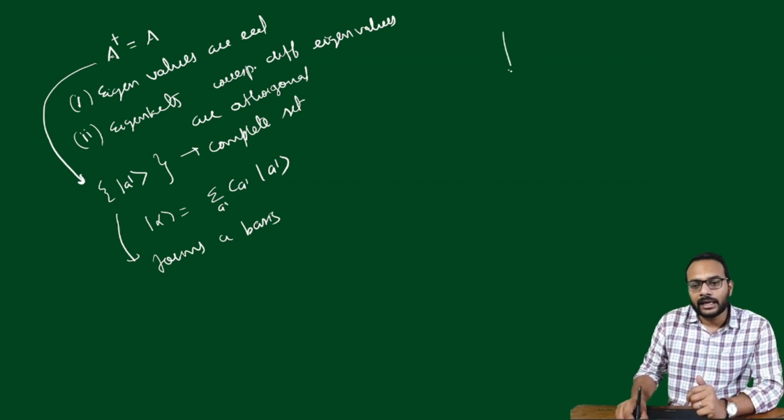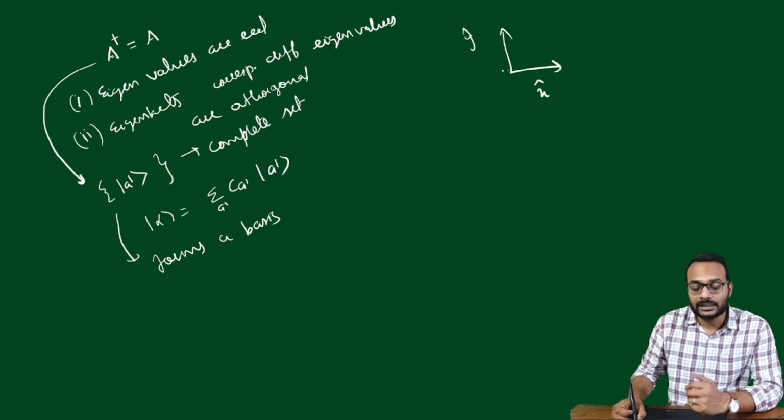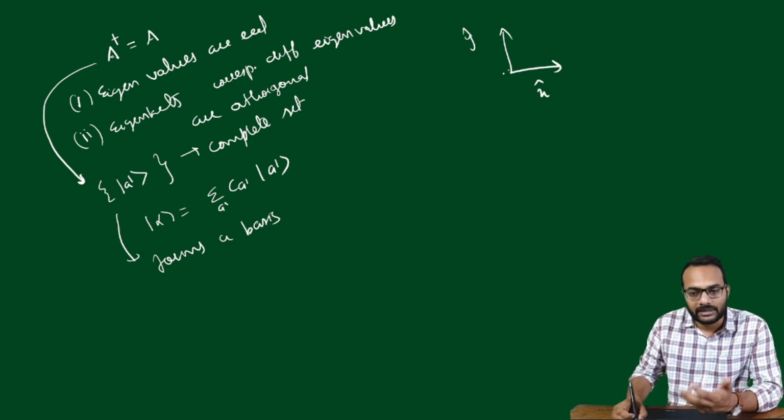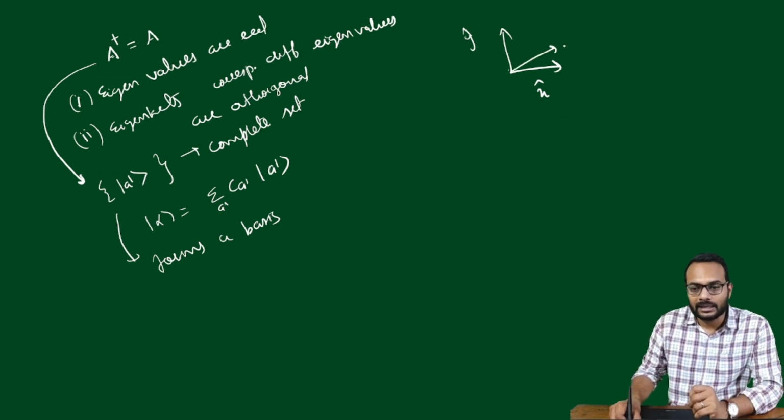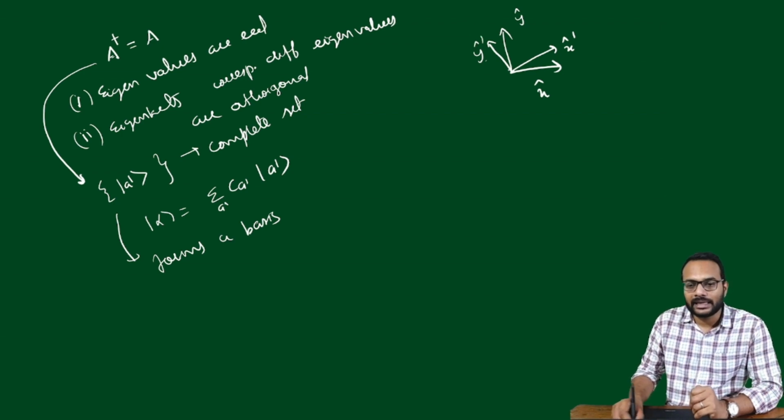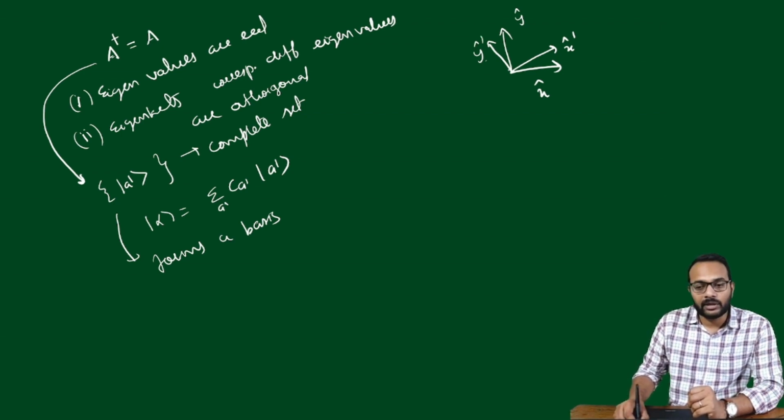Again, coming back to the two-dimensional Euclidean space, let's consider these two separate sets of base vectors. This is x hat and y hat, and this is x hat prime and y hat prime.